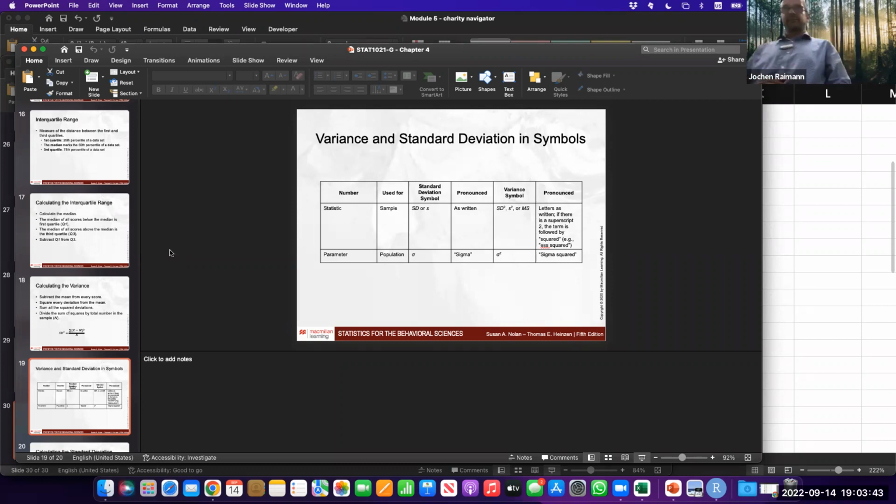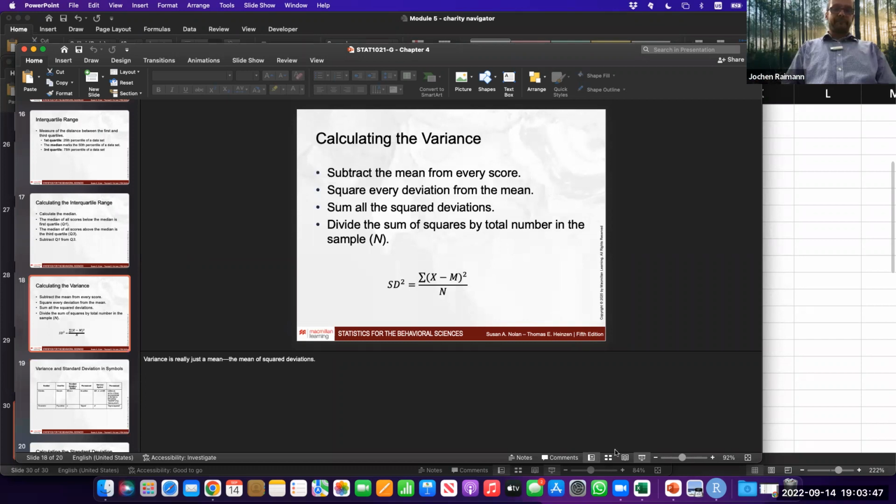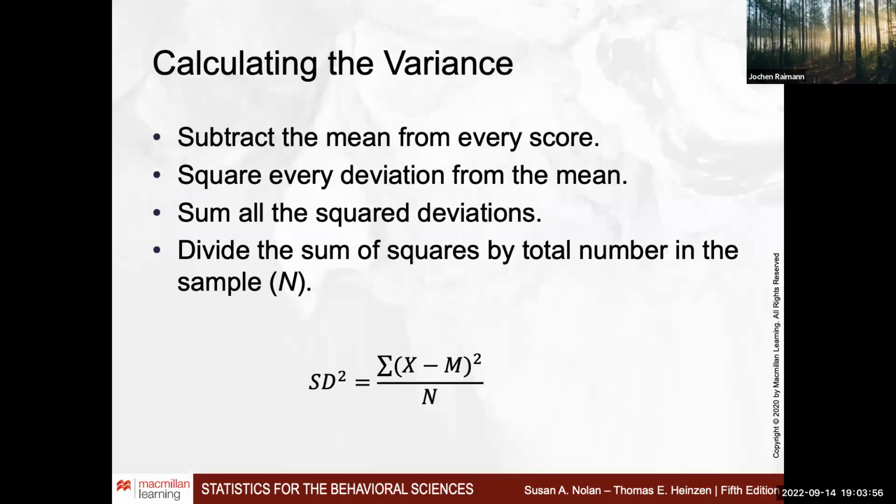Could you go back to the equation for a second? Yes. So we have here s squared, which is one way to show the variance. s squared is standard deviation squared. That's the variance. We have here the mathematical operator, the sum sign, sigma.